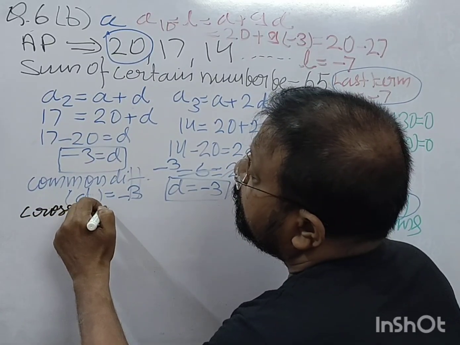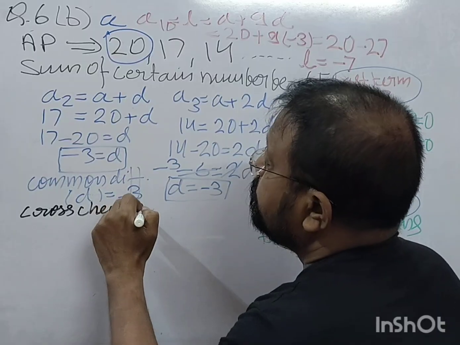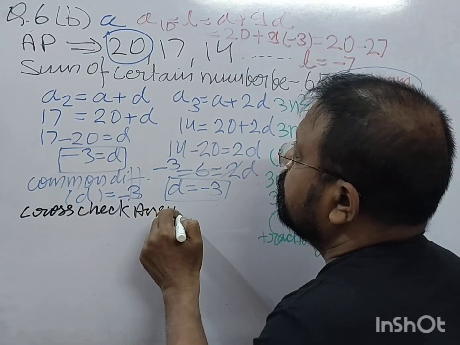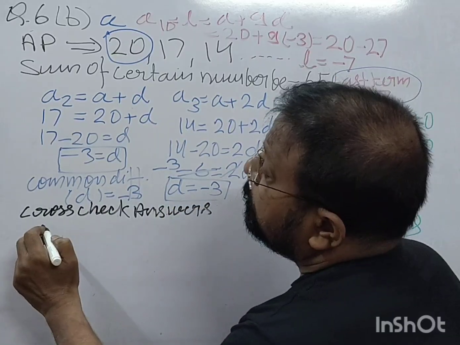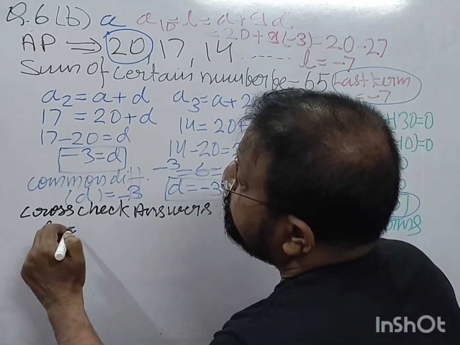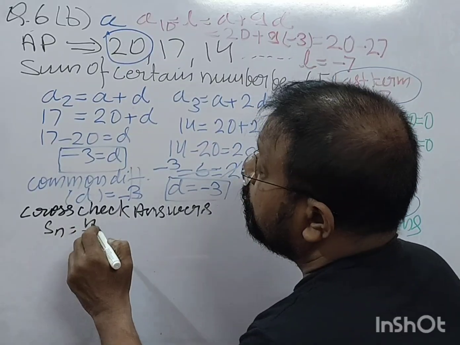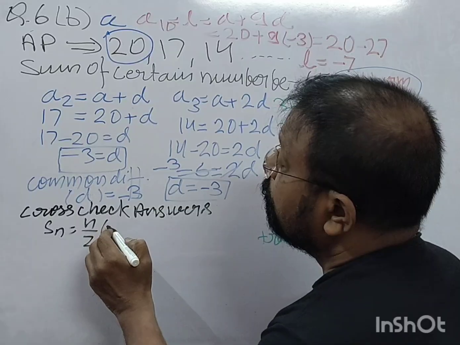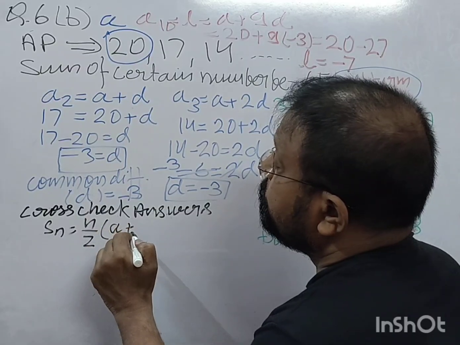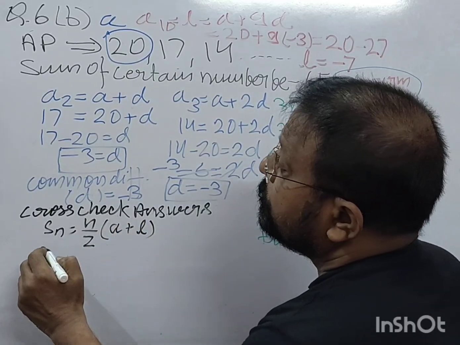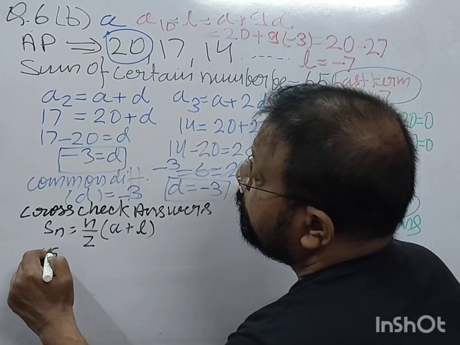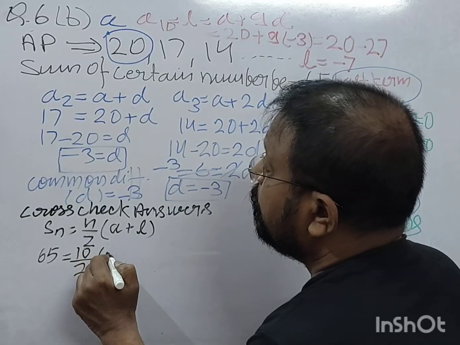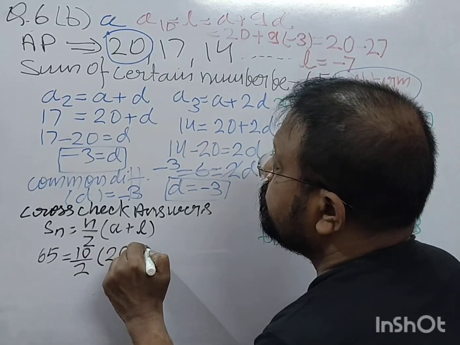Cross check answers. Sn is equal to n by 2 bracket a plus l. So 65 is equal to 10 by 2 bracket 20 minus 7.